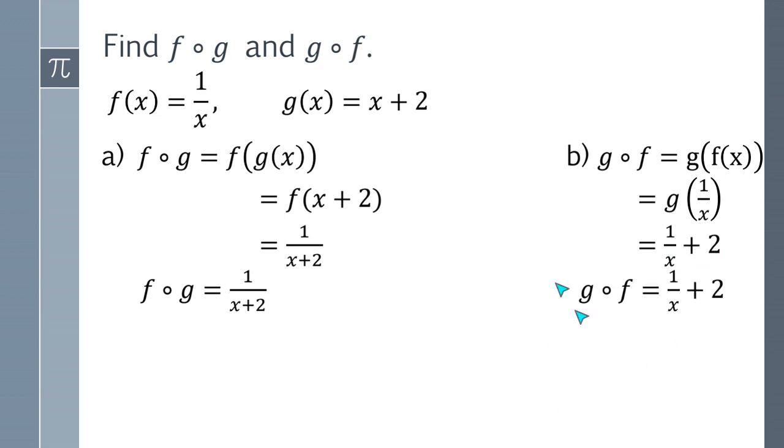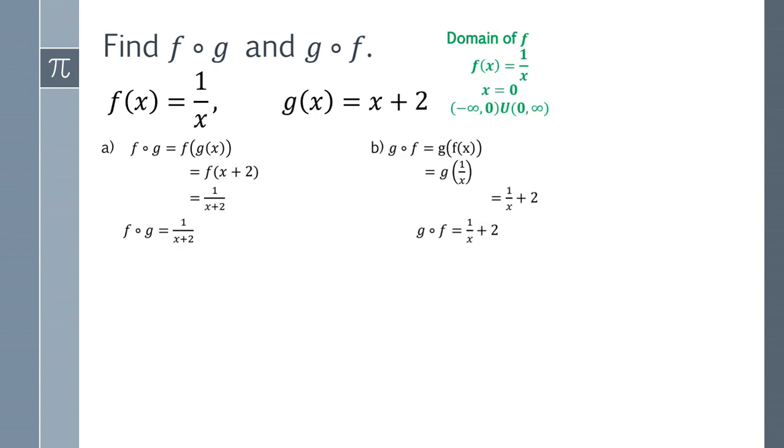And then it says to find the domain of, I'm assuming it said find the domain of everything, right? So first we find the domain of f. Here x cannot be 0, so it's going to be negative infinity to 0, and then 0 to infinity.